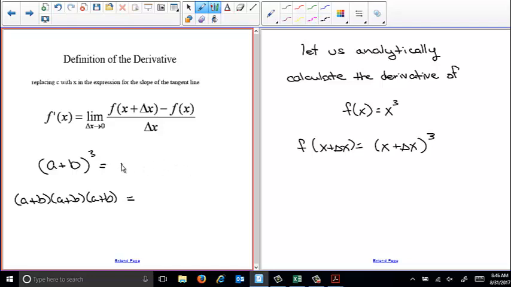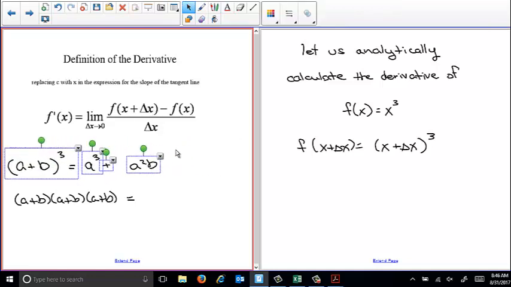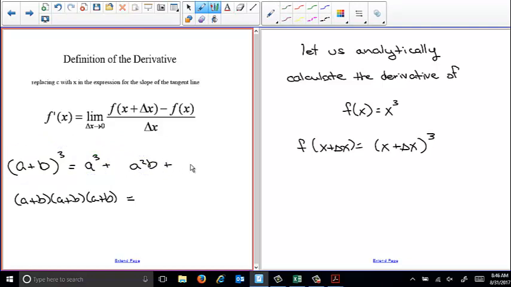I'll give you the first one, a cubed. It's positive, since the terms are positive. You're going to have one term that's a squared b, another term, then plus a term that's a times b squared, and a last term which is b cubed.